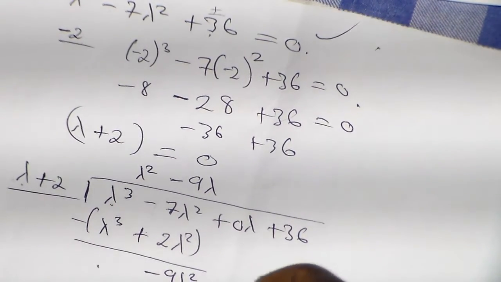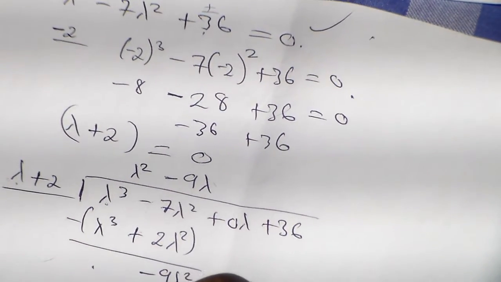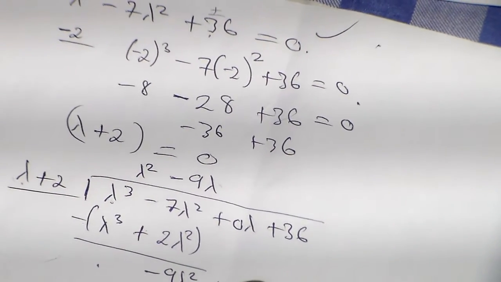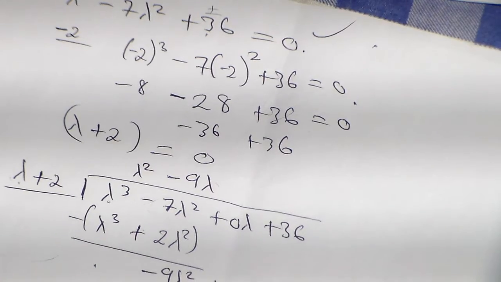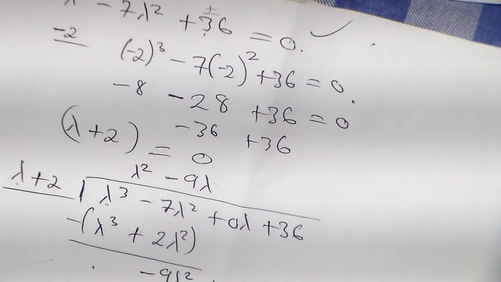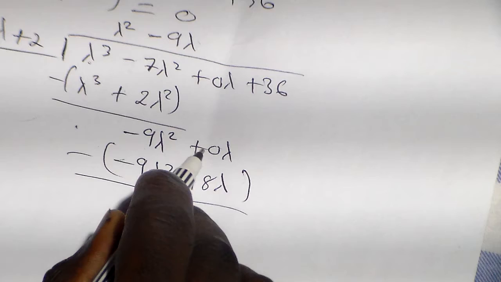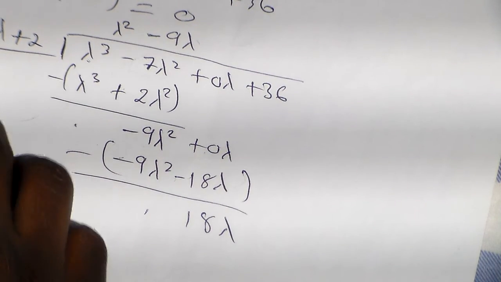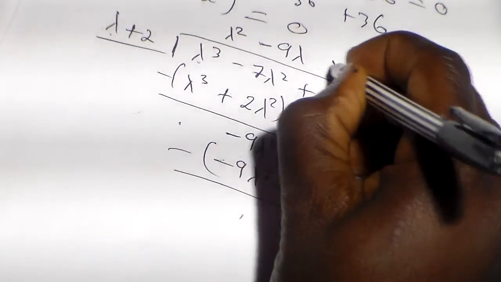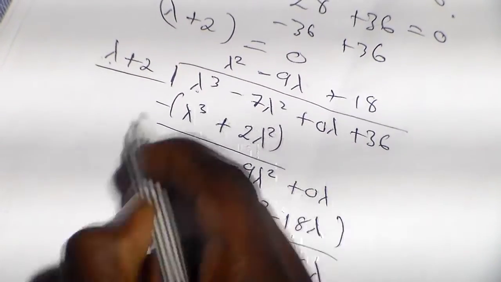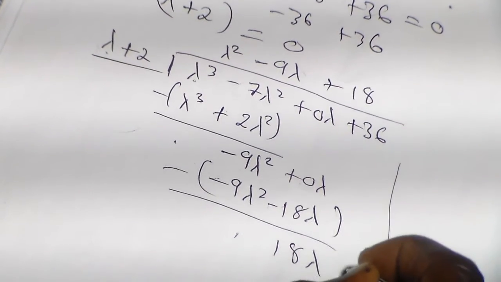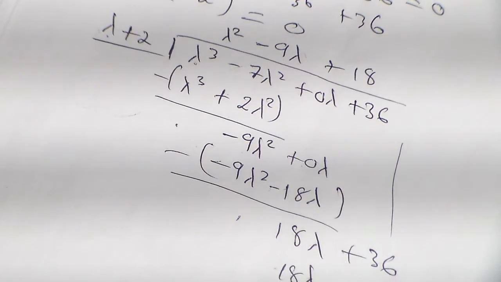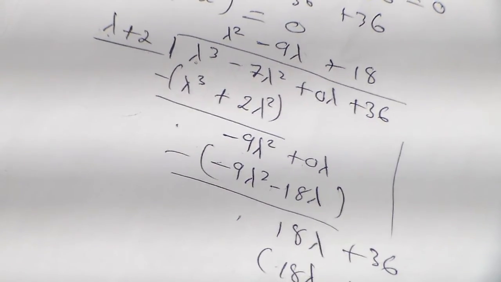Here we have a 0, and we are getting minus 9 lambda squared minus 18 lambda. Then we found a 0 here. 0 minus minus 18, we get 18 lambda. Now here we are getting plus 18, then multiplying there, we are getting 18 lambda plus 36. Okay, we subtract, this will give us a 0.